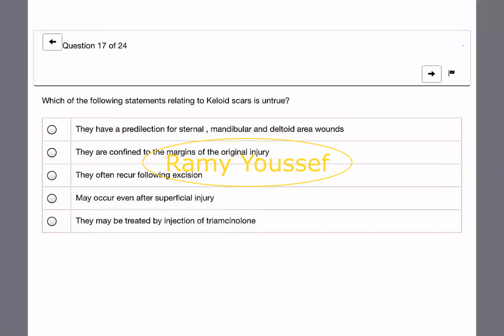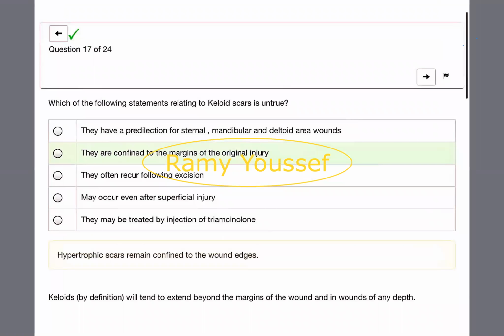Exactly. This is the only thing you are asked about a keloid scar and a normal scar. He just wants you to know the difference between a normal skin scar, a hypertrophic scar and the keloid scar. The keloid extends beyond the margin of the original wound or injury.